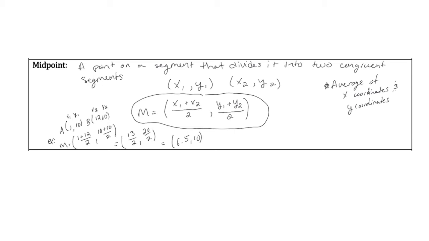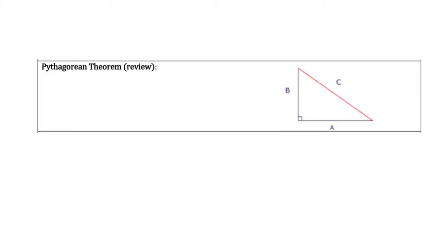Now we're going to go on to a Pythagorean theorem review. First off, hopefully we remember what our Pythagorean theorem is. This is our hypotenuse, and then we have our two legs, A and B. The hypotenuse is always the side opposite our right angle.